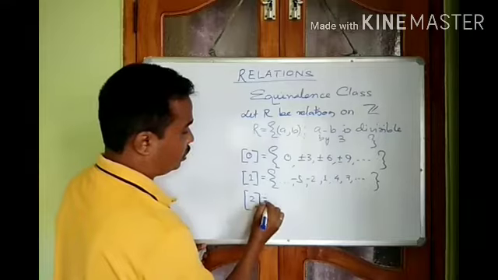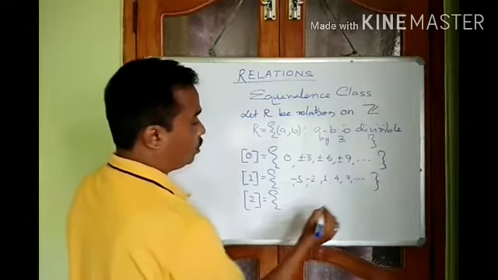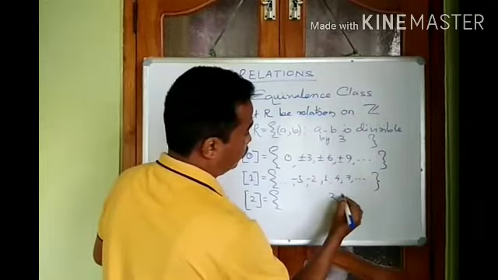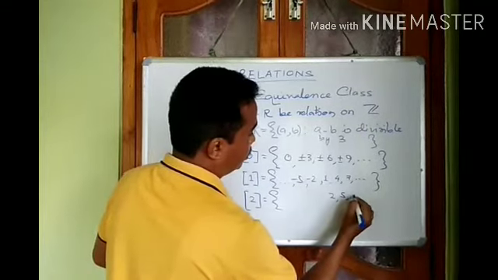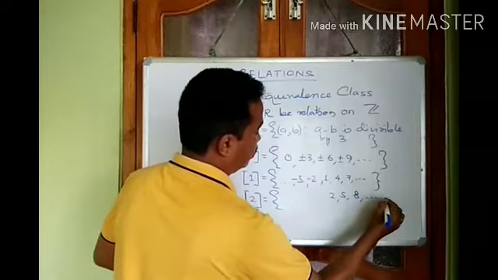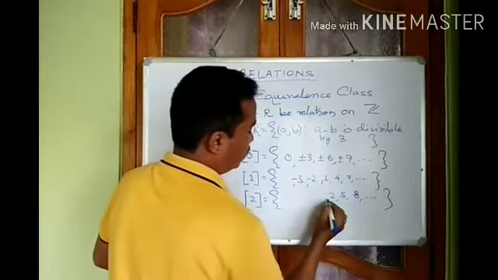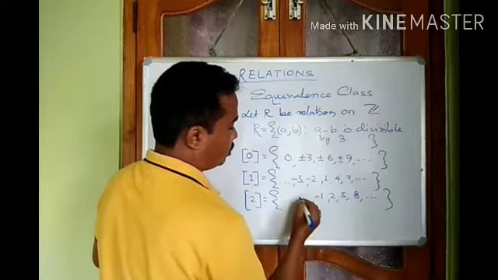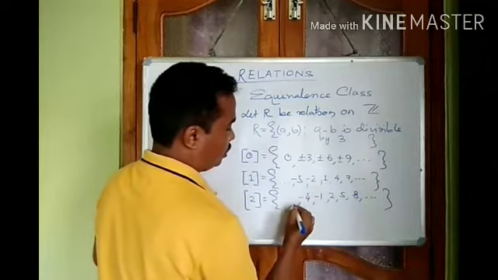The elements which are related to 2 are, we write like this: 2, 2 plus 3 is 5, 5 plus 3 is 8, and so on. And this side 2 minus 3 is minus 1, minus 1 minus 3 is minus 4, and so on.